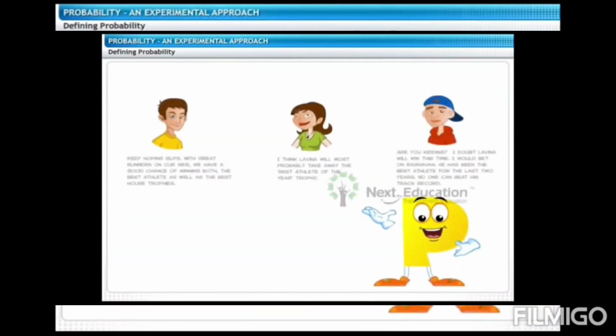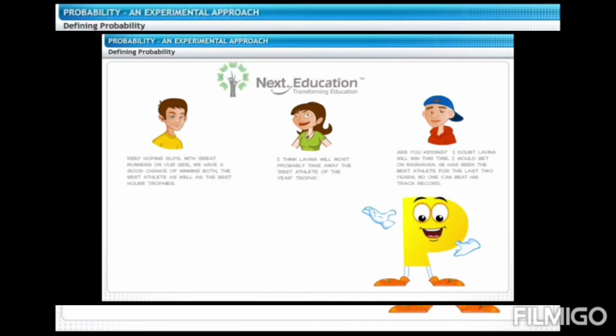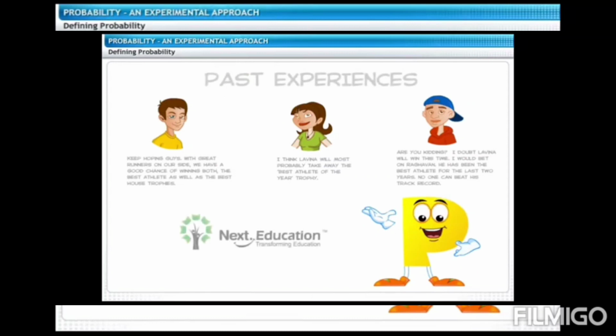In this scenario, each person is seen making different predictions that are related to the same situation. What do you think are the basis of these predictions? Do you think these predictions are based on intuition? Or are these a result of mere wishful thinking? No, the speakers have probably used their past experiences to predict the likely winner. They have used probability to make these predictions.